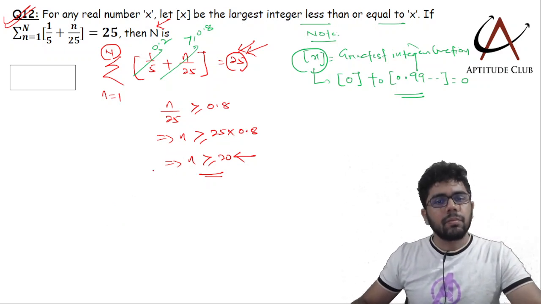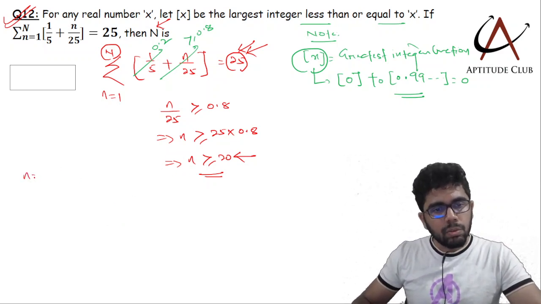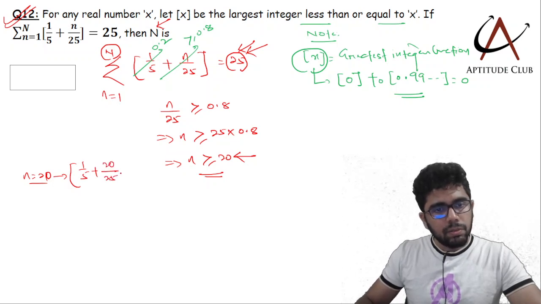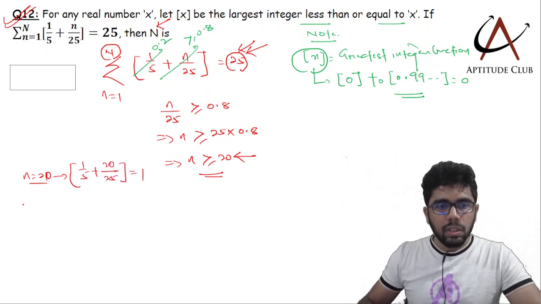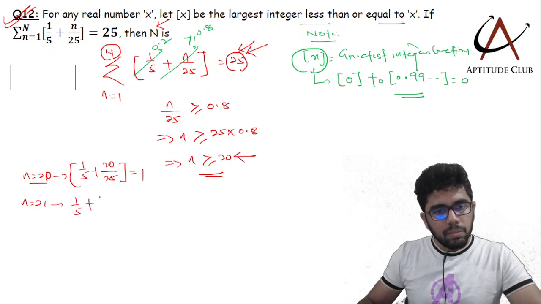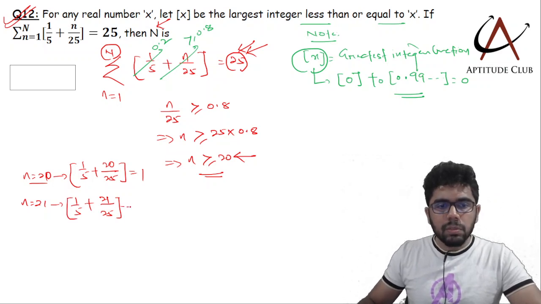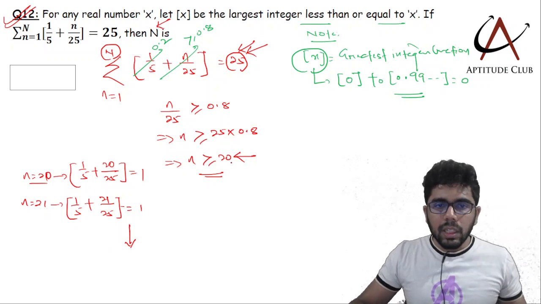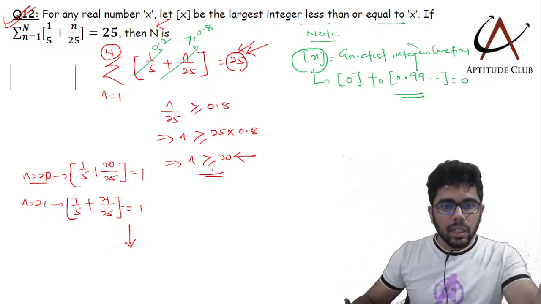For n equal to 20, check कर लो पहले, 1 by 5 plus 20 by 25, you will get this value as 1. Similarly n को अगर मैं 21 लेता हूँ, it is like 1 by 5 plus 21 by 25, तो it will be 1 point something and again 1. तो ऐसा करके तुम्हारा वैल्यूज आना स्टार्ट होगा.